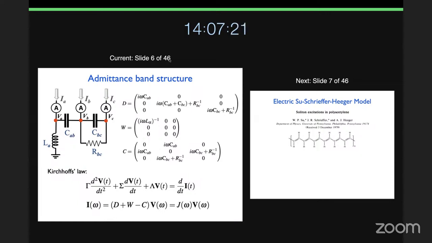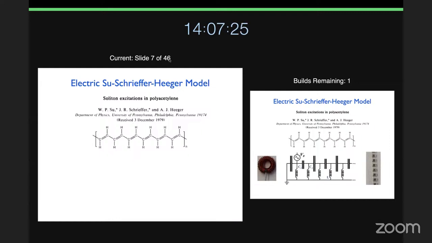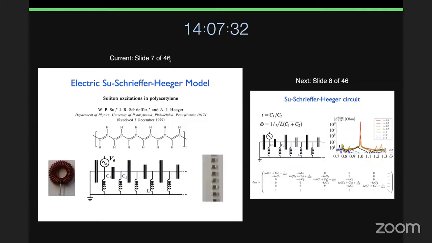And as always, when people try to establish a new platform for topology, probably the simplest one is obviously the Su-Schrieffer-Heeger model. And you have heard this too much. Let me just focus on the thing that you might find funny. You can map the Su-Schrieffer-Heeger model to just an alternating sequence of capacitors of two different capacitances.